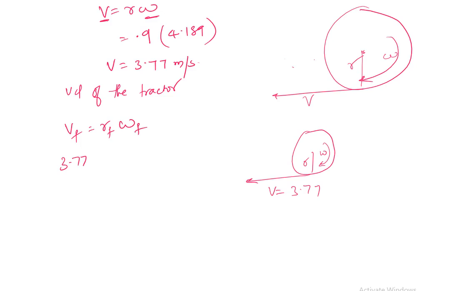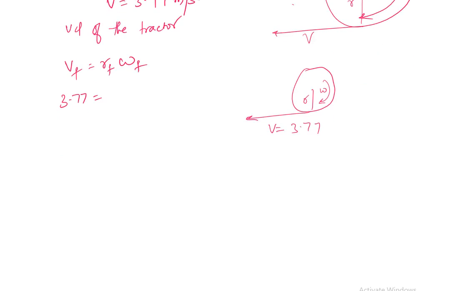This 3.77 is the velocity of the tractor, which is the same as the linear velocity of the front wheel or the rear wheel. R is 0.4 and then omega f. So omega f is 3.77 divided by 0.4, which comes to 9.425 radians per second. Very simple.